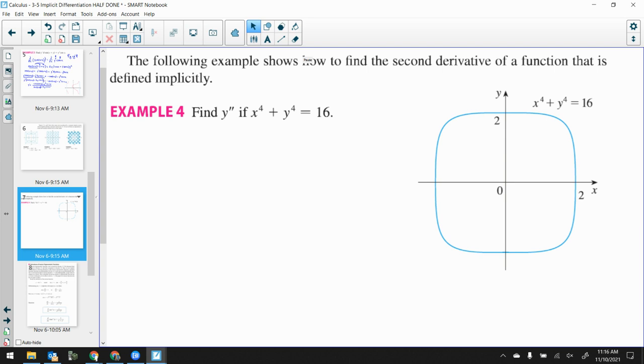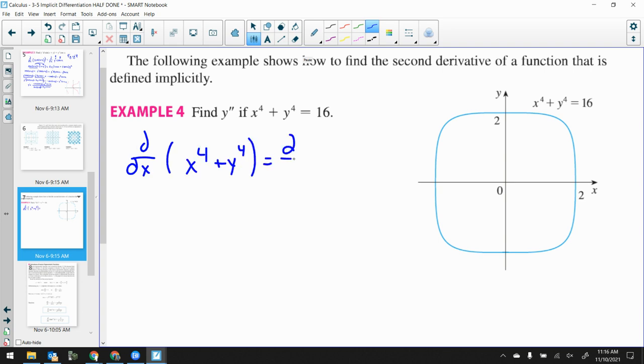So let's find it. We're going to find d over dx of x to the fourth plus y to the fourth and d over dx of 16, distributing the differentiation. Well, that's just 4x to the third. That's easy because it's an x value, and I'm differentiating with respect to x.